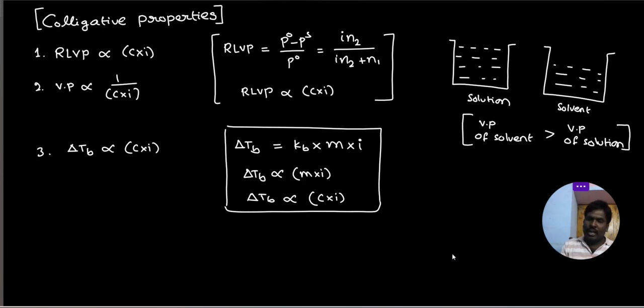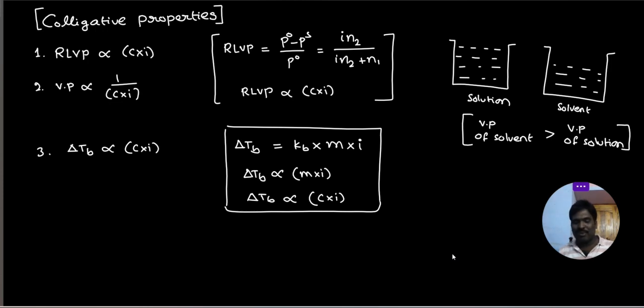When you add solute to the solvent, the vapor pressure of the solution decreases. To achieve atmospheric vapor pressure, you need to raise the temperature. That is elevation. So from solvent to solution 1, solution 1 to solution 2, solution 2 to solution 3, the boiling point of solution increases.